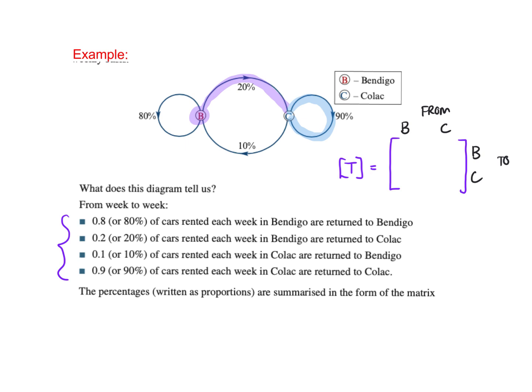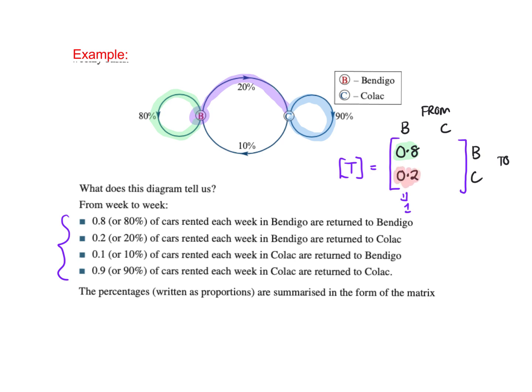So Bendigo back to Bendigo is going to be in this spot. Now remember, we don't write percentages, we need it as a decimal. So 80% is going to be 0.8. Because I know these have to add up to 1, I know automatically that Bendigo to Colac should be 0.2.